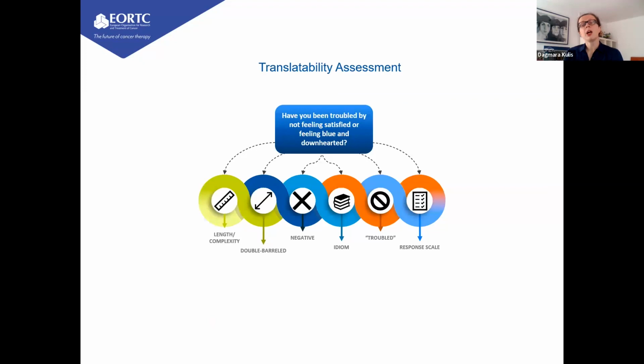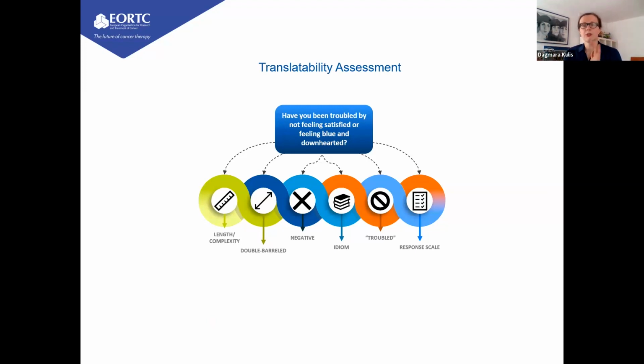Once we have a preliminary questionnaire, we do what we call the translatability assessment. We analyze the questions to make sure that they will work. We know about some issues that will just create problems when we have to give the questions to patients and when we have to translate the questions.